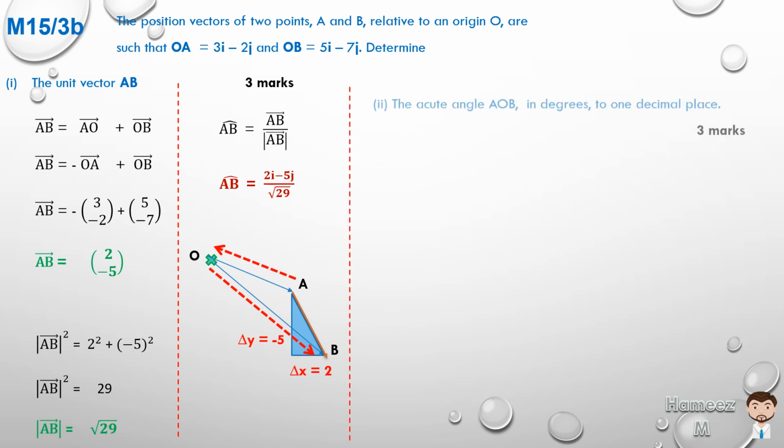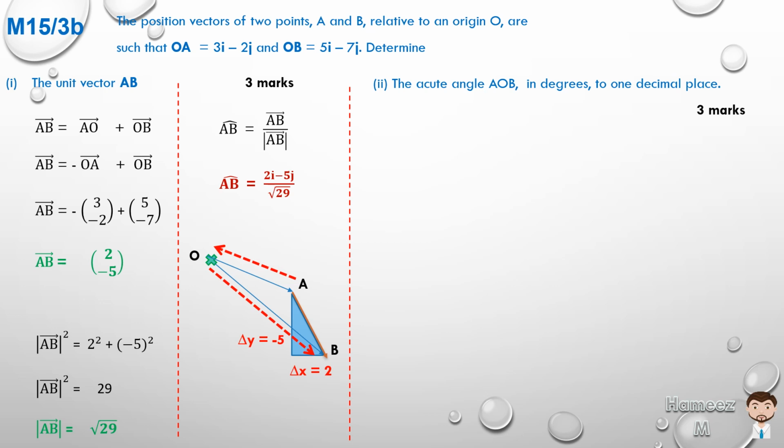Part 2. The acute angle AOB in degrees to 1 decimal place. So if we want to find the angle, we can use the scalar or dot product. And if we're using the dot product, we want to be using the vectors either coming out from O or going into O. So either we're using OA dot OB or we're using AO dot BO. So let's use the first one.